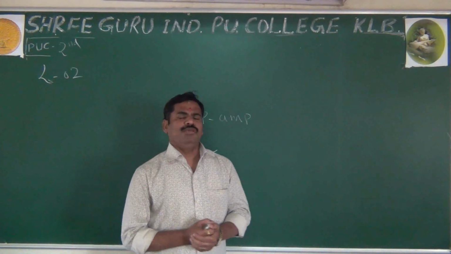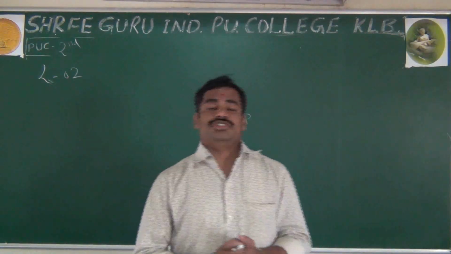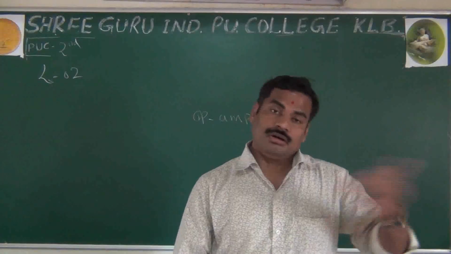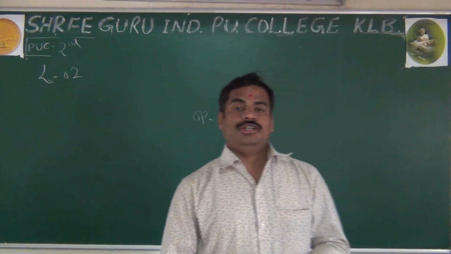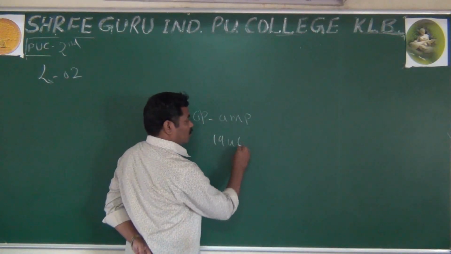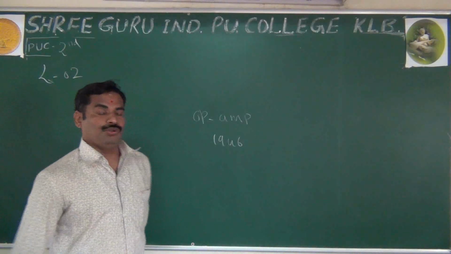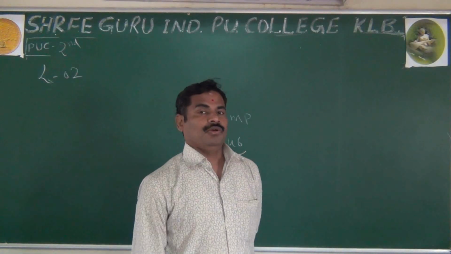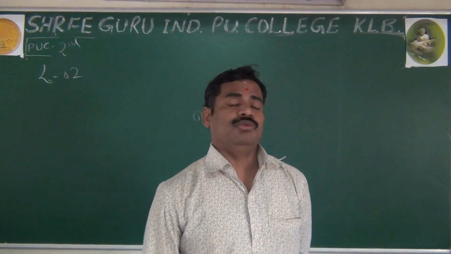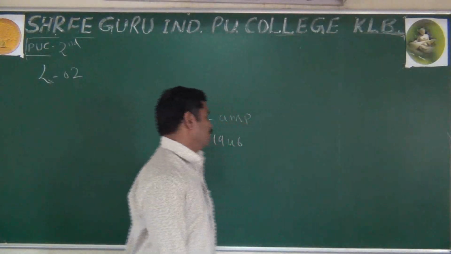Before 1946, op amps were constructed using vacuum tubes, and because vacuum tubes are very bulky and require more power, they were replaced.